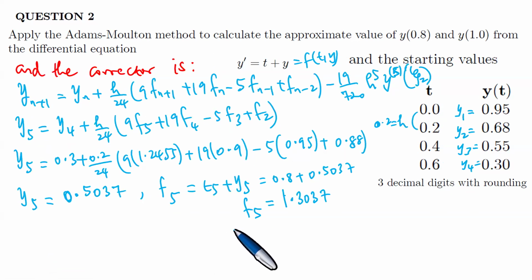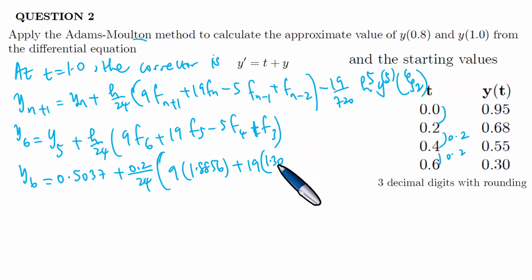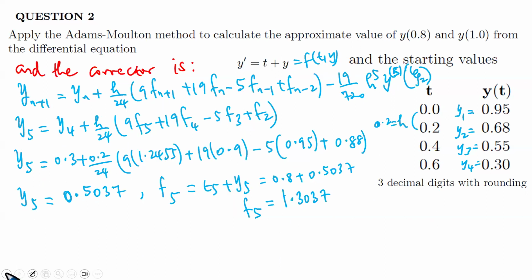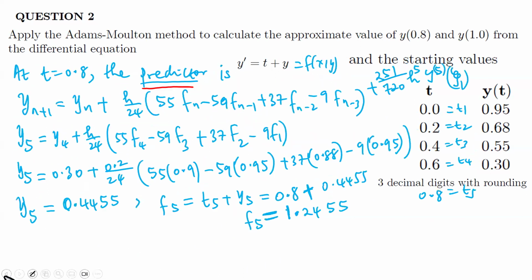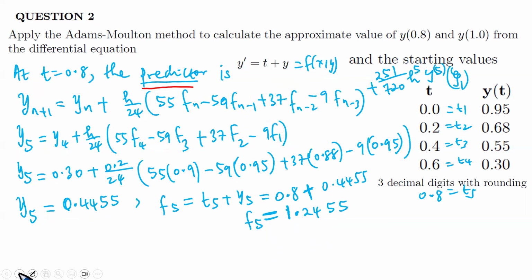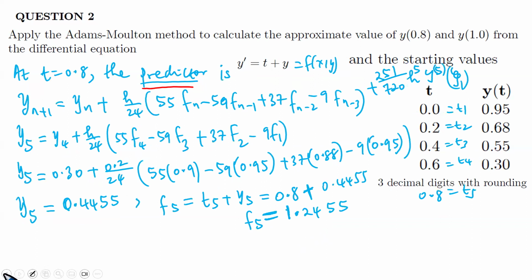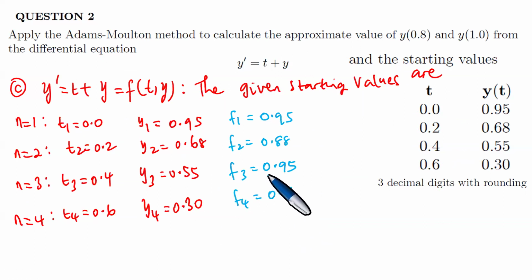F5 is 1.3037. Then F4 is exactly 0.9, and then we have F3. F3 is 0.95.